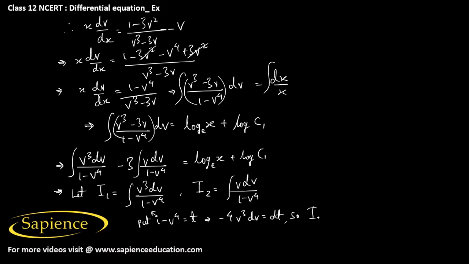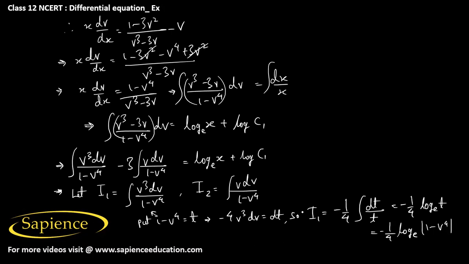So the integral I1, I can write as −1/4 ∫dt/t. So this will be equal to −1/4 log t, which equals −1/4 log|1 − v⁴|.